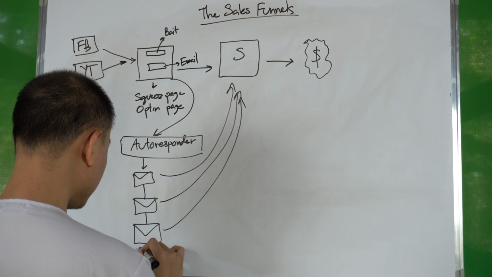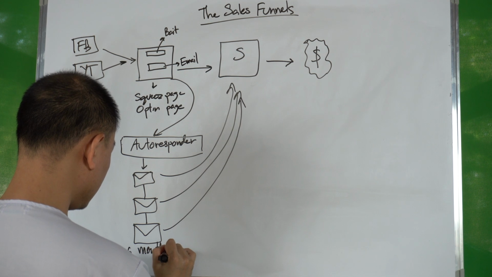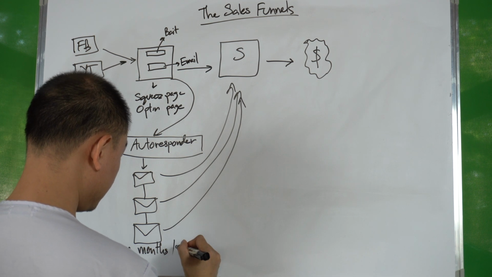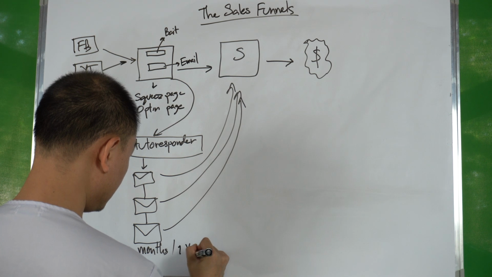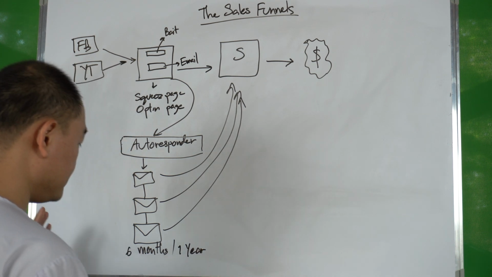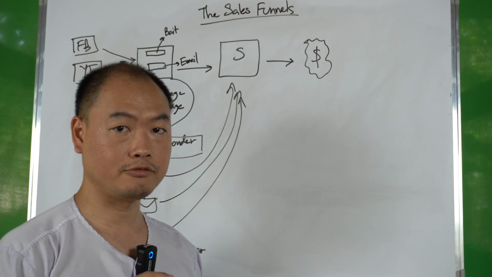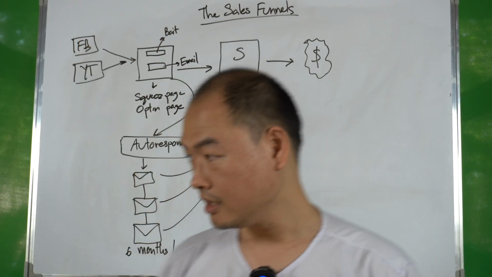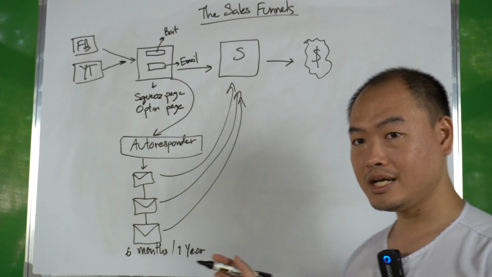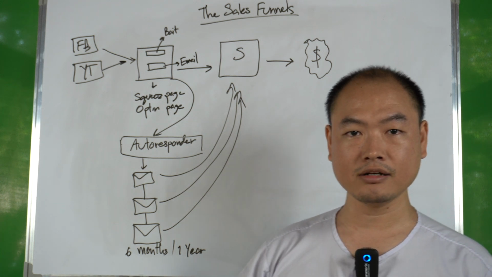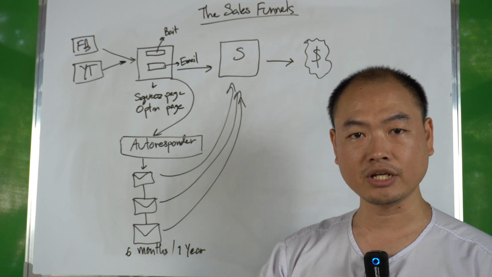It can be as long as 6 months, or even 1 year long, so that you can build a relationship with the people better. By saying 6 months long or 1 year long, it doesn't mean that you have to send them emails every single day pitching them something.